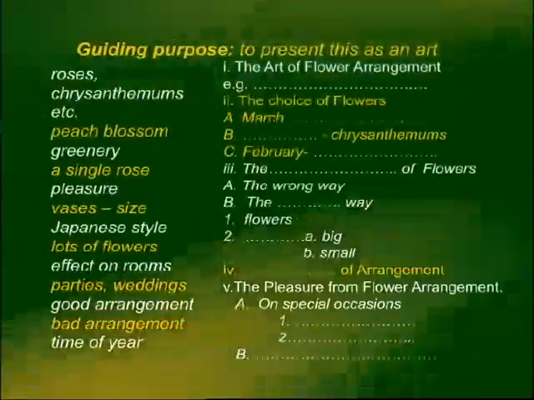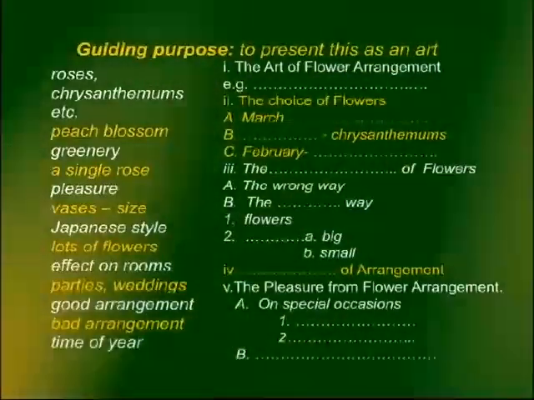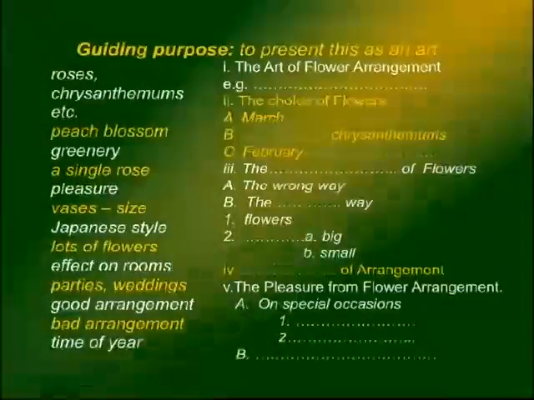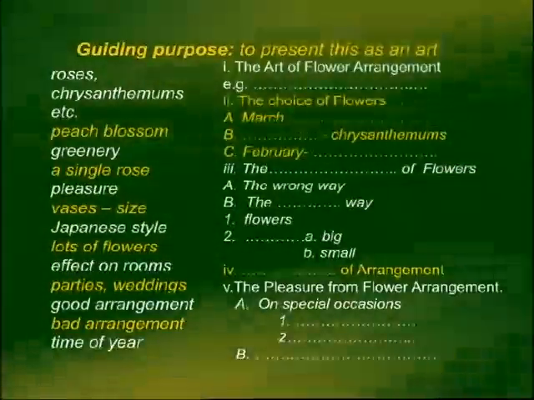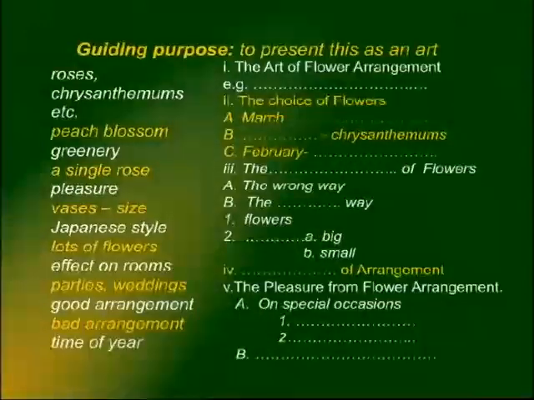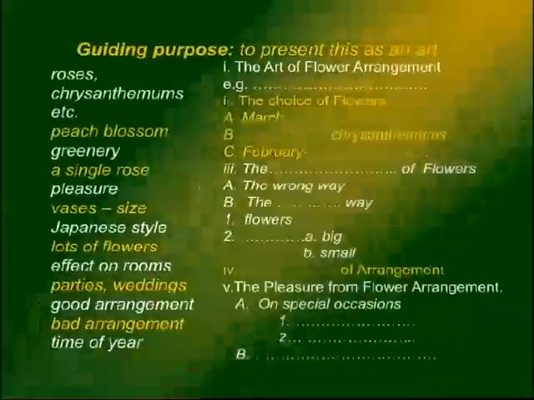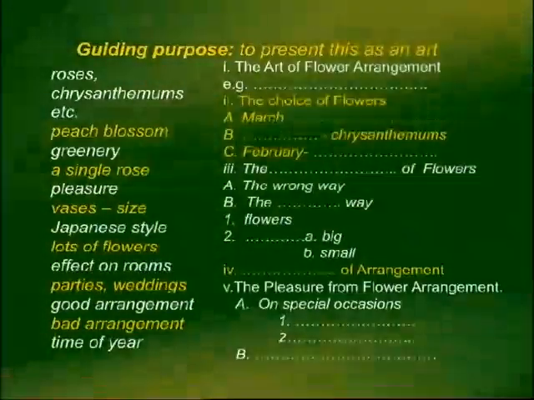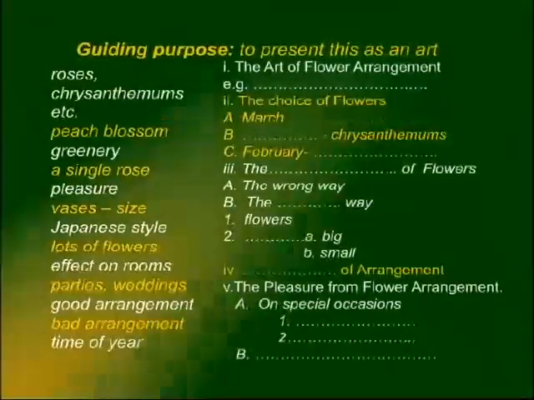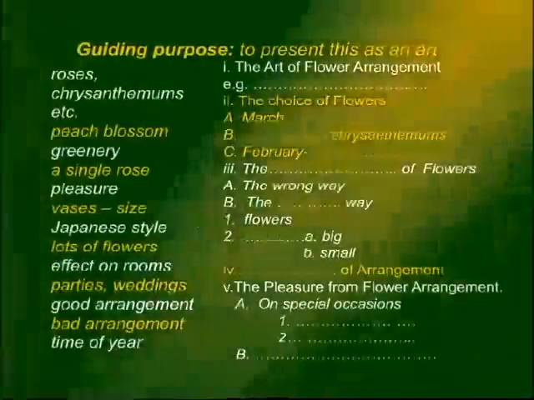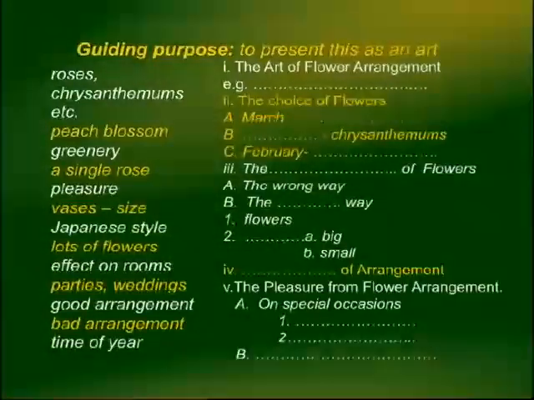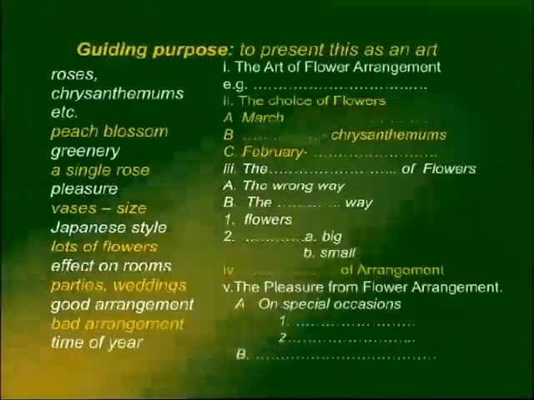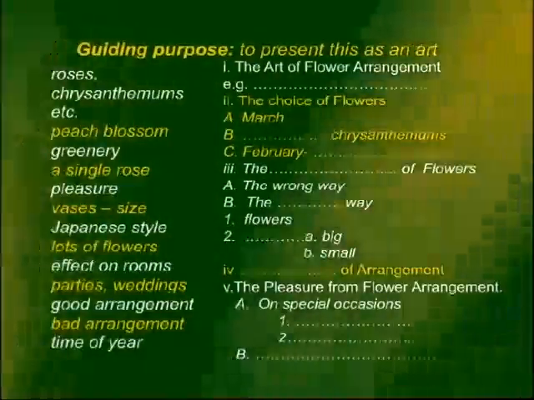Now the topic is flower arrangement. And the guiding purpose is that you are to present this as an art. How is flower arrangement to be presented as an art? Look at all the ideas that were jotted down by the writer. And these ideas are on the left-hand side.